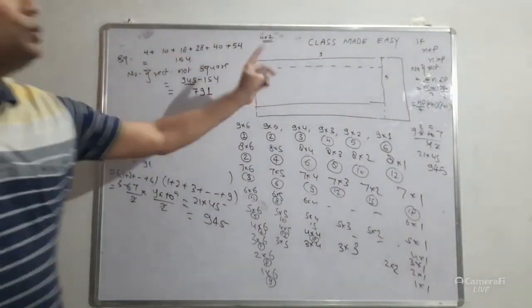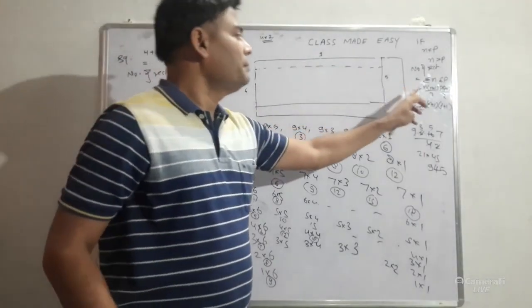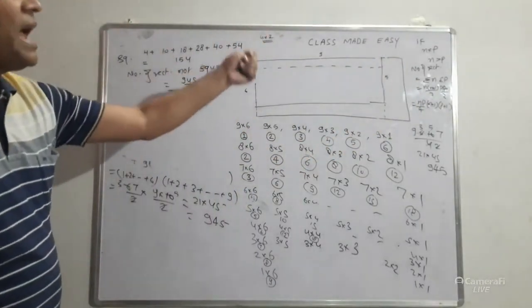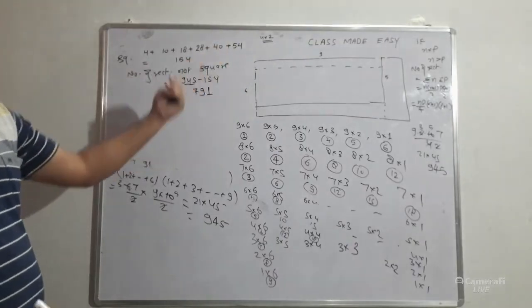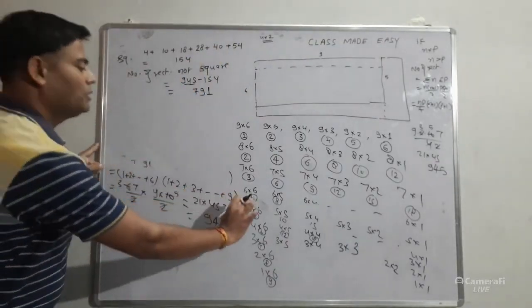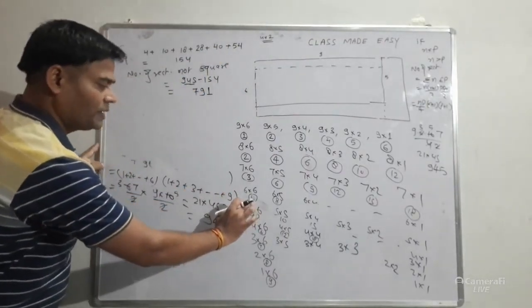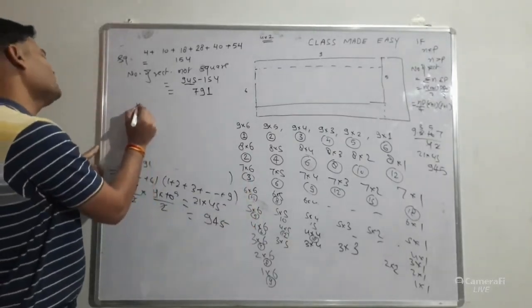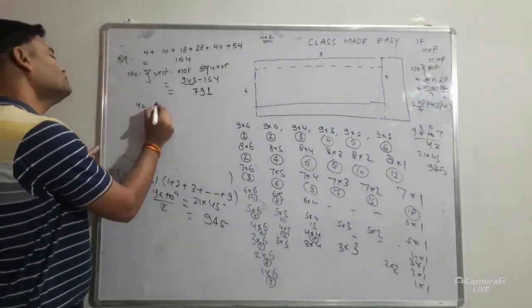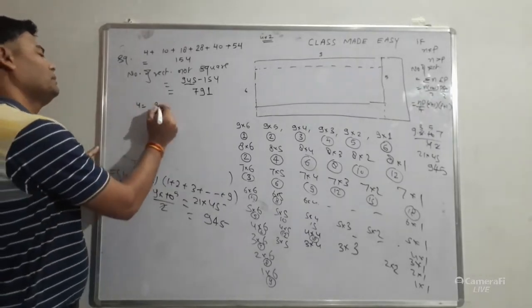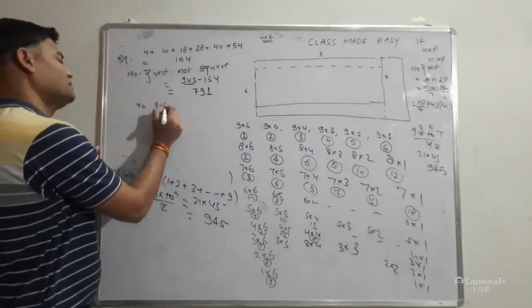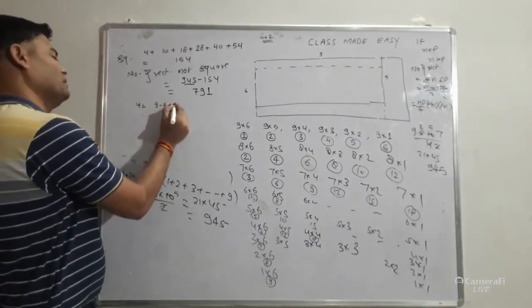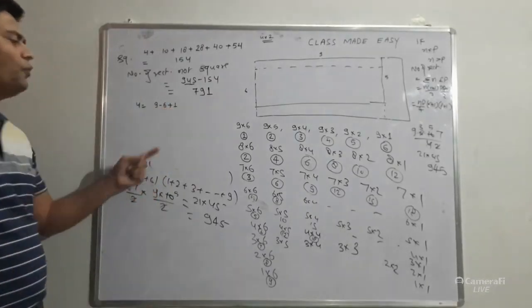Means you have 9 and P: 9 is N, P is 6. So the first square count you got by this 4. I am making one trend. See, 9 minus 6 plus 1. This is the fourth line.